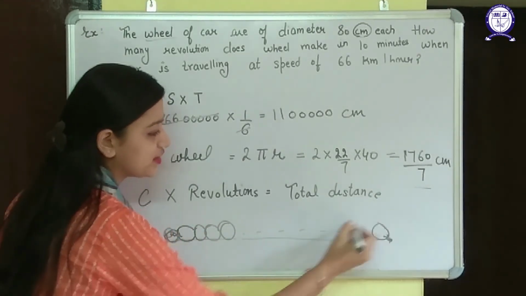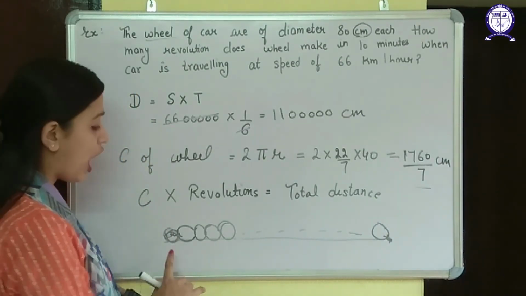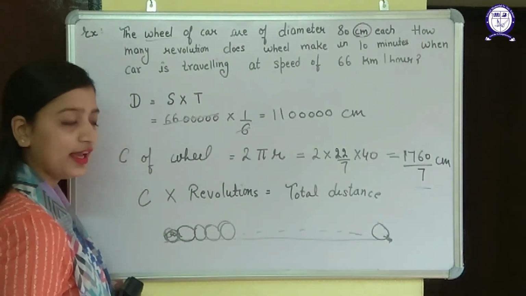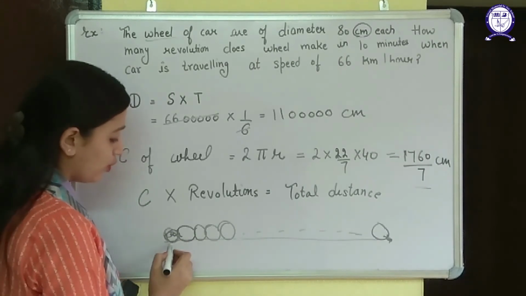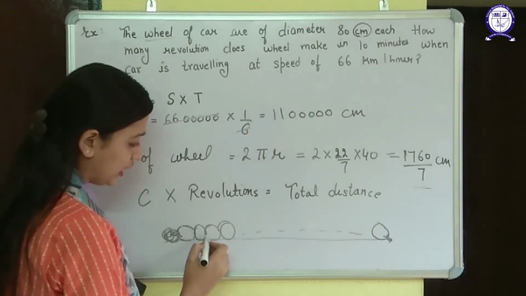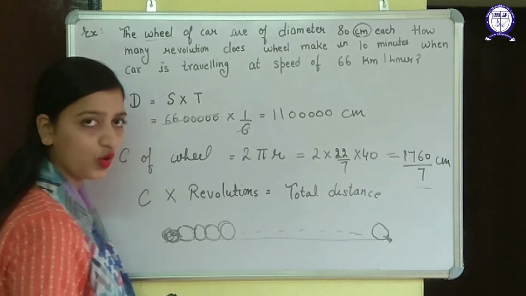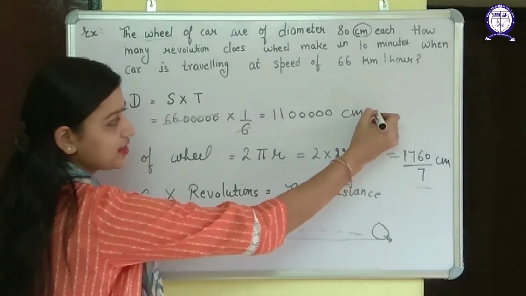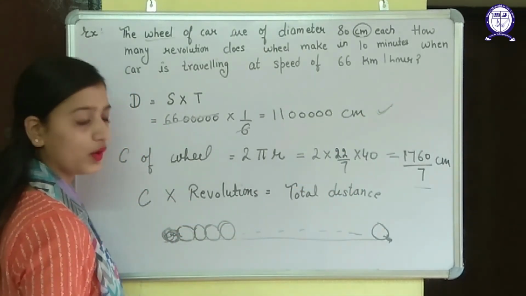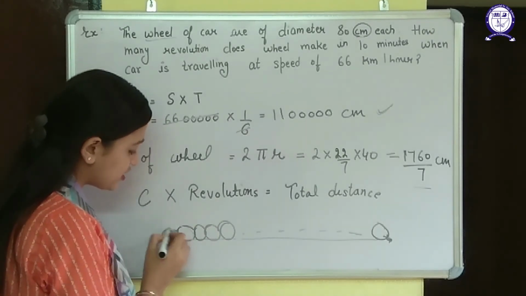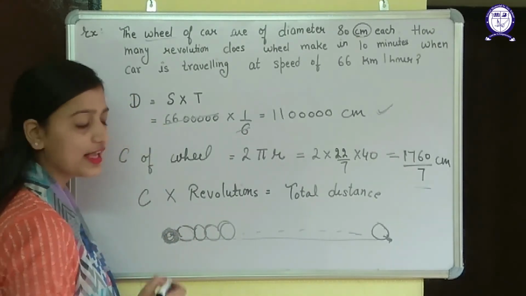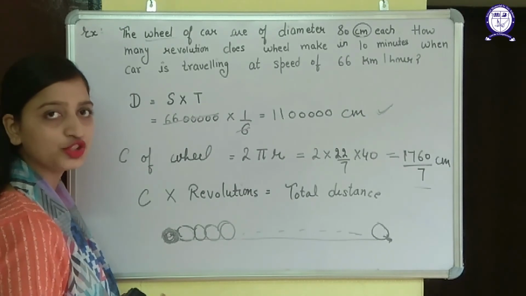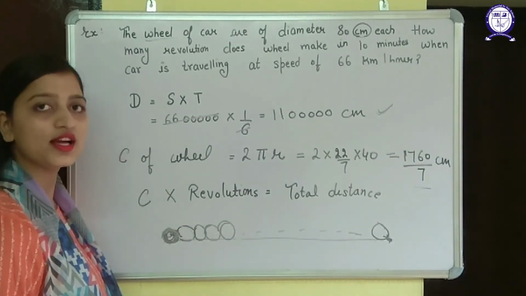After some time, it reaches here. So how many revolutions does it take? It takes 1, 2, 3, 4, 5 and so on. The total distance is this one. The circumference into the number of revolutions will give me the total distance.